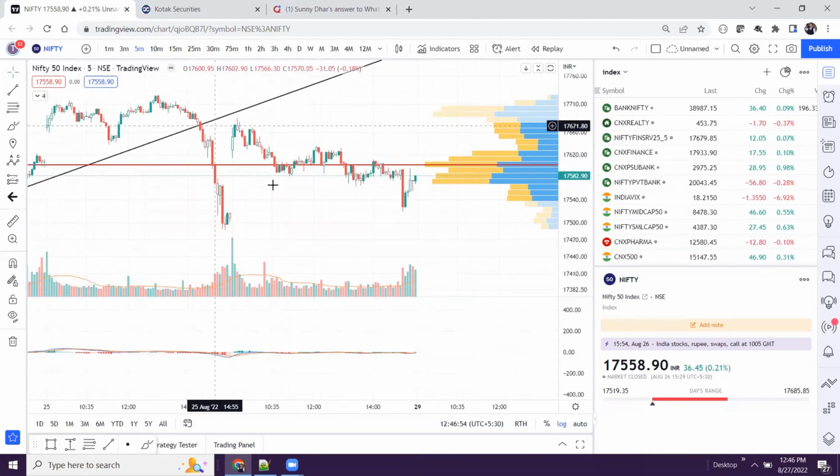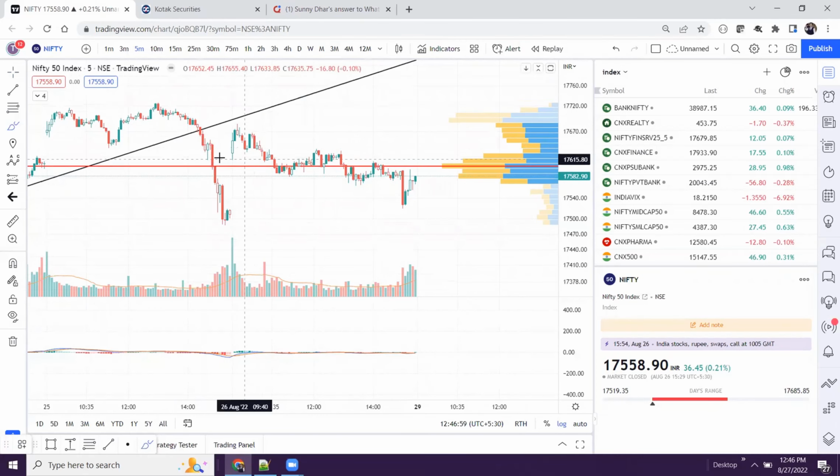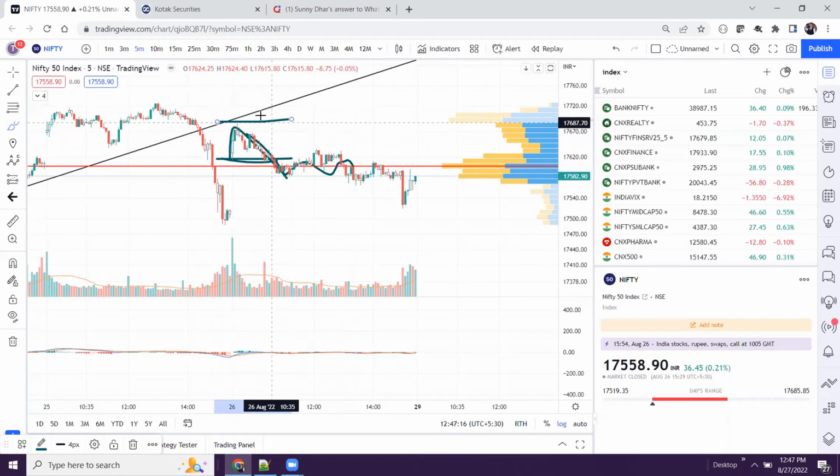now see, just from the same level, you got a bearish candle at the start, and the low of the start of the day got broken, so it was a bearish move. And why did it happen? Because at this point there was a resistance. 17,700 had the highest call data, which meant it was a resistance.